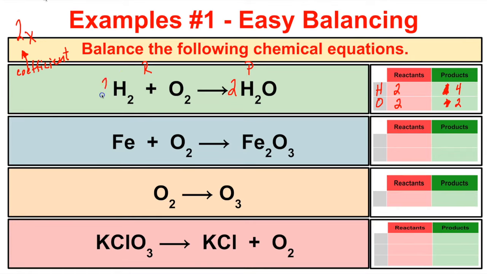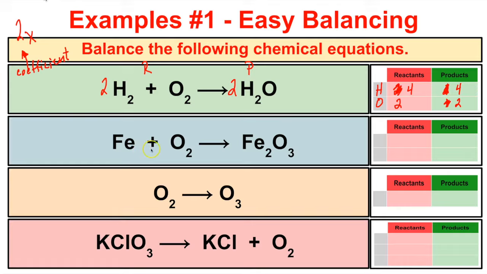So I have to come over here and place a coefficient of 2, because 2 times 2 is 4 hydrogens. So if we take a look now, our chemical equation is balanced. On the reactant side we have 4 hydrogens, on the product side we have 4 hydrogens. On the reactant side we have 2 oxygens, and on the product side we have 2 oxygens.